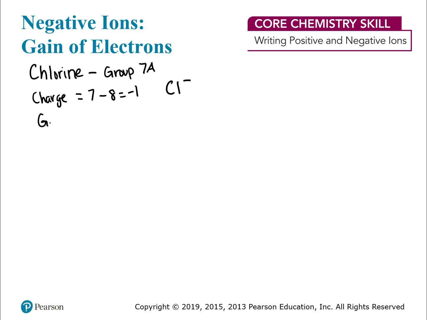This means that it's going to gain 1 electron to complete its octet. Octet is just a fancy word for saying 8. So it completes its energy level with 8 electrons, so it's happy. The s and the p will be full.